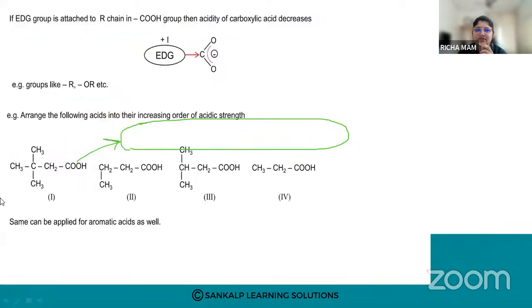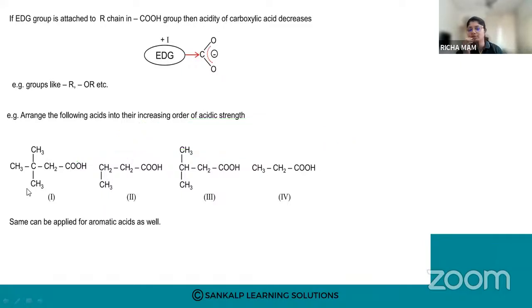Then we discussed electron donating groups. When an electron donating group is present on a carboxylic acid chain, the acidity of the carboxylic acid will decrease, due to the plus I effect. When an electron withdrawing group is attached, the carboxylic acid acidity will increase due to the minus I effect.